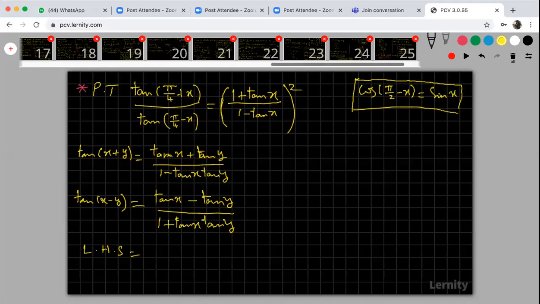Right, come to the LHS. I'm going to apply that tan pi by 4 plus x formula. What is tan pi by 4 plus x formula? So this is tan pi by 4 plus tan x divided by 1 minus tan pi by 4 into tan x. This is for the numerator, from the tan x plus y formula. I am going to apply it for the denominator also, but I am going to write it reciprocally in multiplication.